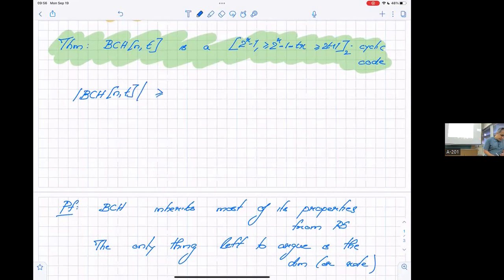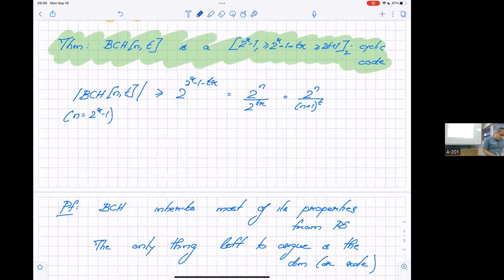So it's 2 power 2r minus 1 minus tr. Right? That's the size of the BCH code. The first quantity, 2 power r minus 1, is n, so 2 to the n divided by 2 power tr. So I can write this 2 power r as n plus 1, to the power t. So that's the number of code words in the BCH code.